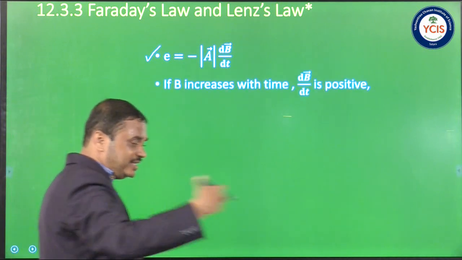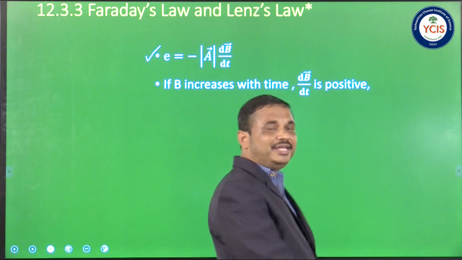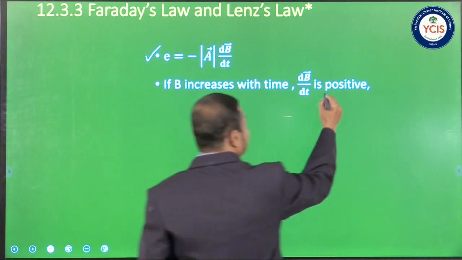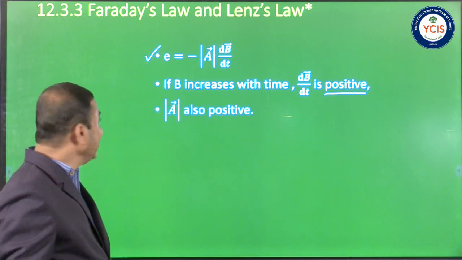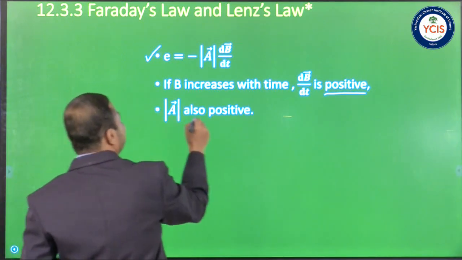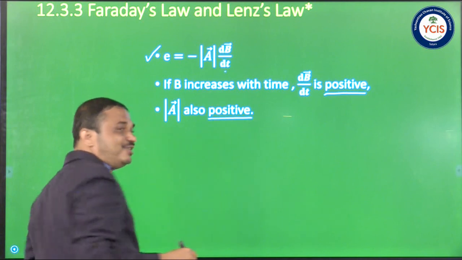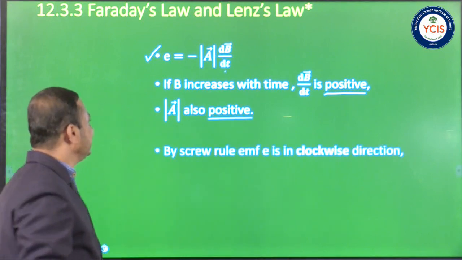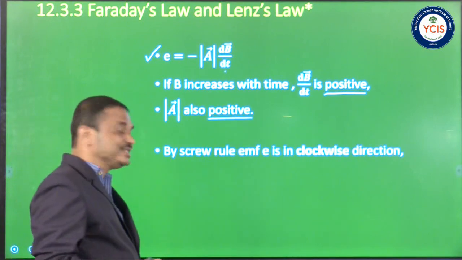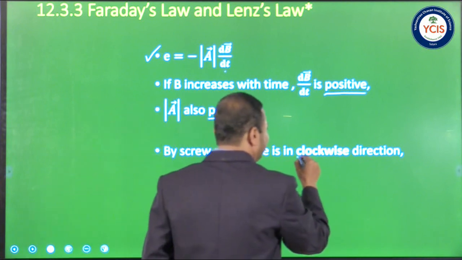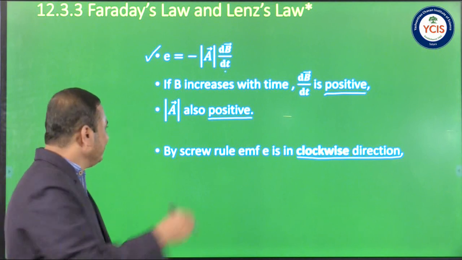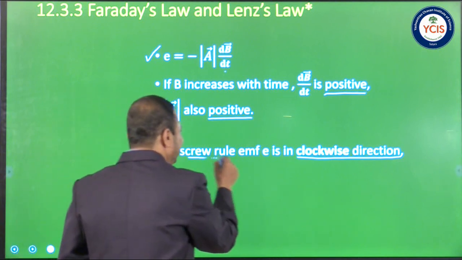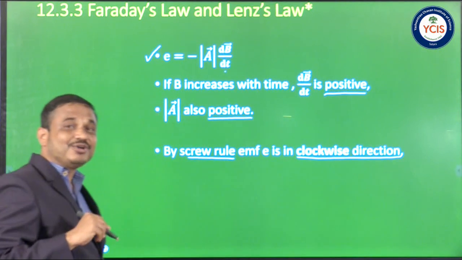If B increases with time, then dB bar by dt is positive. And the magnitude of A is always positive. So this is also positive. So the product of both factors is positive, and by screw rule, this EMF must be in the clockwise direction.